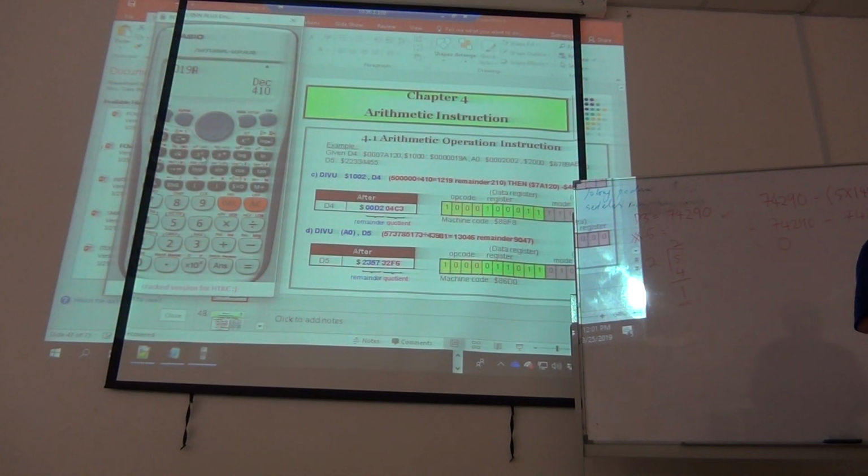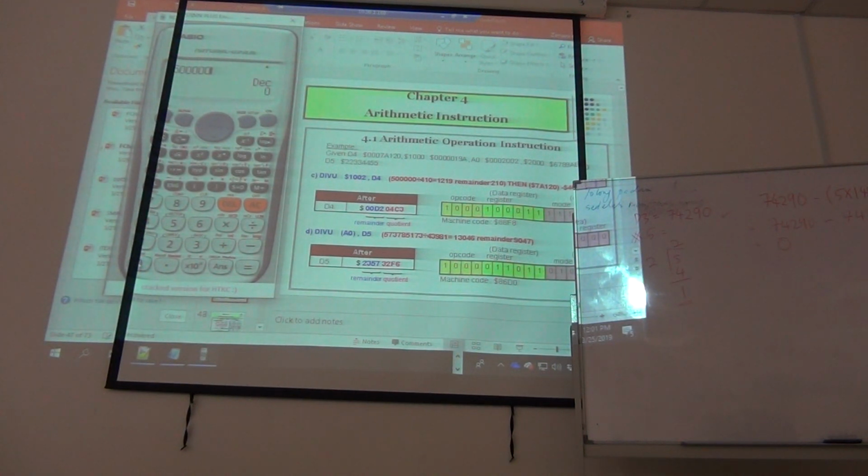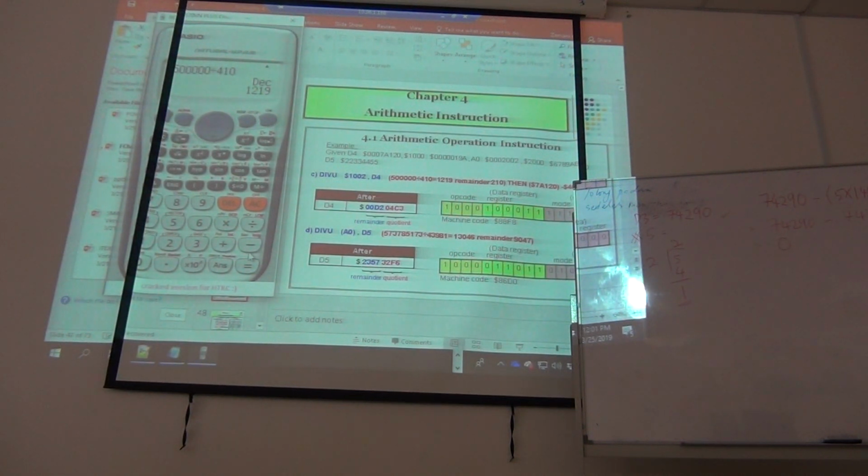Now, do this operation in your calculator first: 500,000 divided by 410 in decimal mode. You will get directly the answer for the question in base 10. 1219 is the result in decimal.